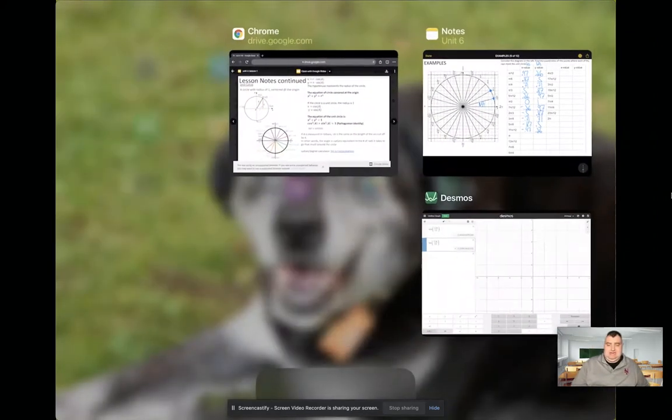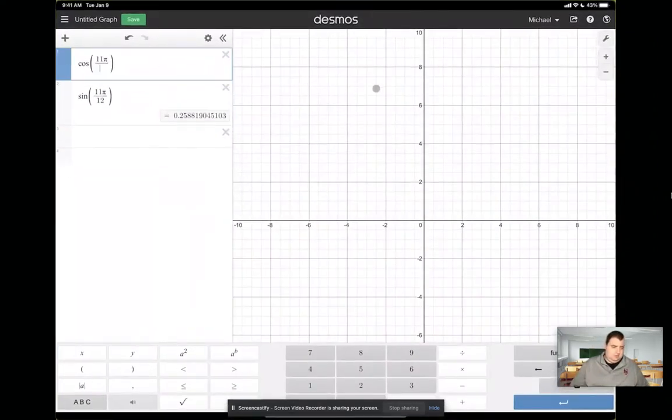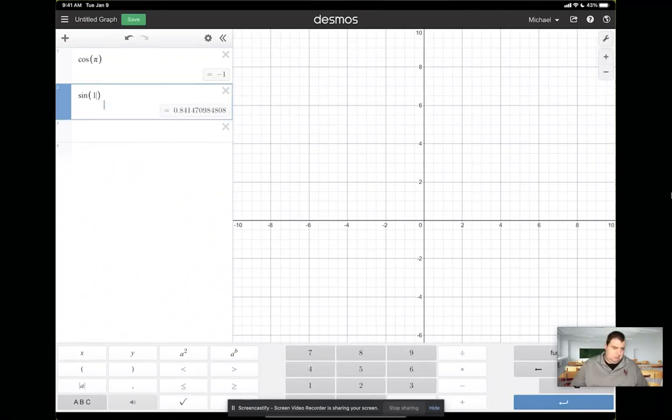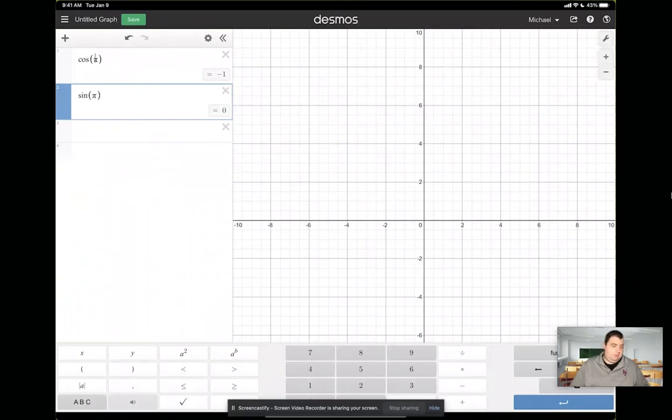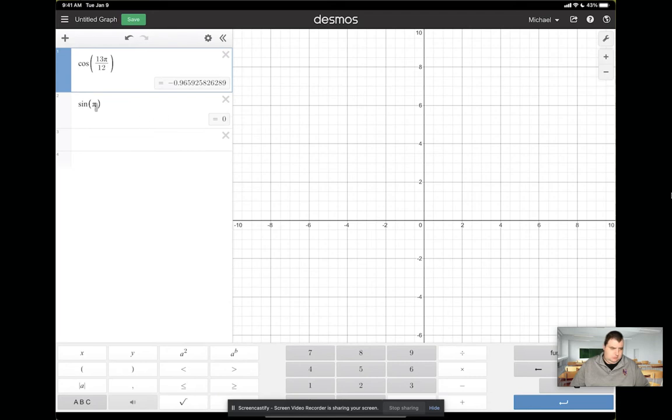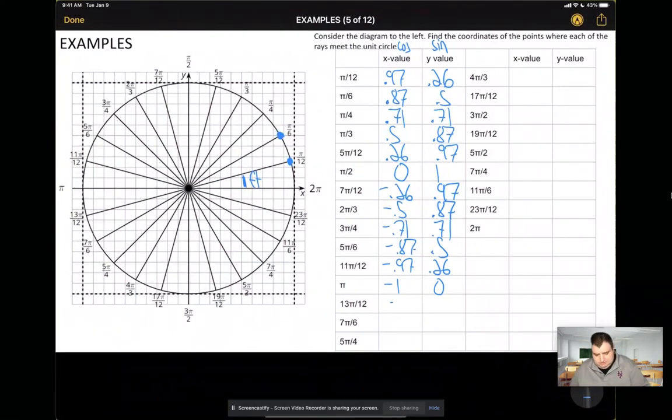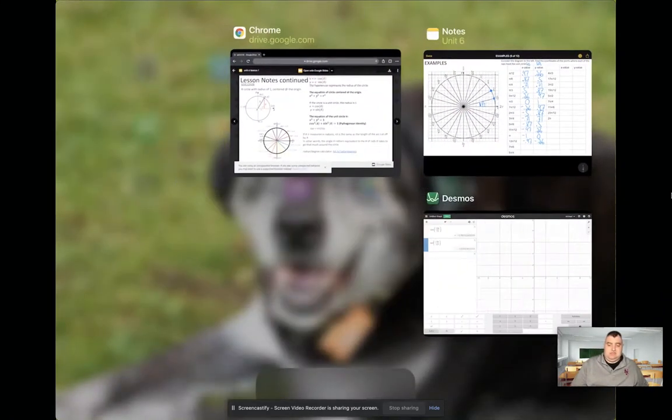Next is pi. It'll be negative 1 and 0. 13 pi over 12. So negative 0.97 and negative 0.26. 7 pi over 6.